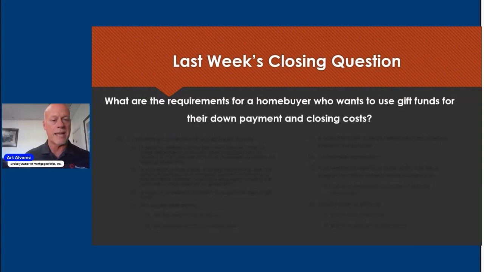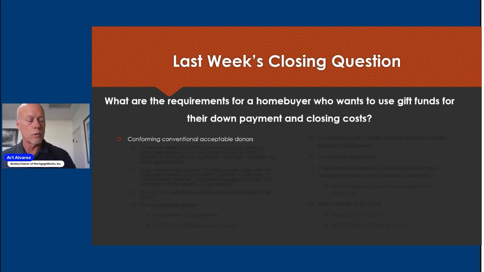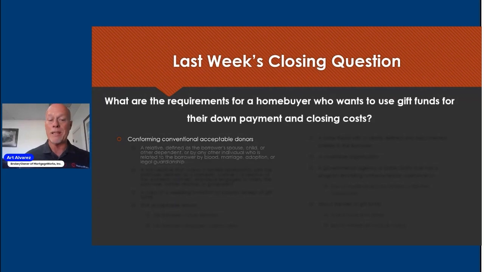So let's first look at a conforming conventional loan. What is allowable as it relates to acceptable donors? Well, the donors can include the following: a relative, defined as the borrower's spouse, child, other dependent, or any other individual who is related to the borrower by blood, marriage, adoption, or legal guardianship.